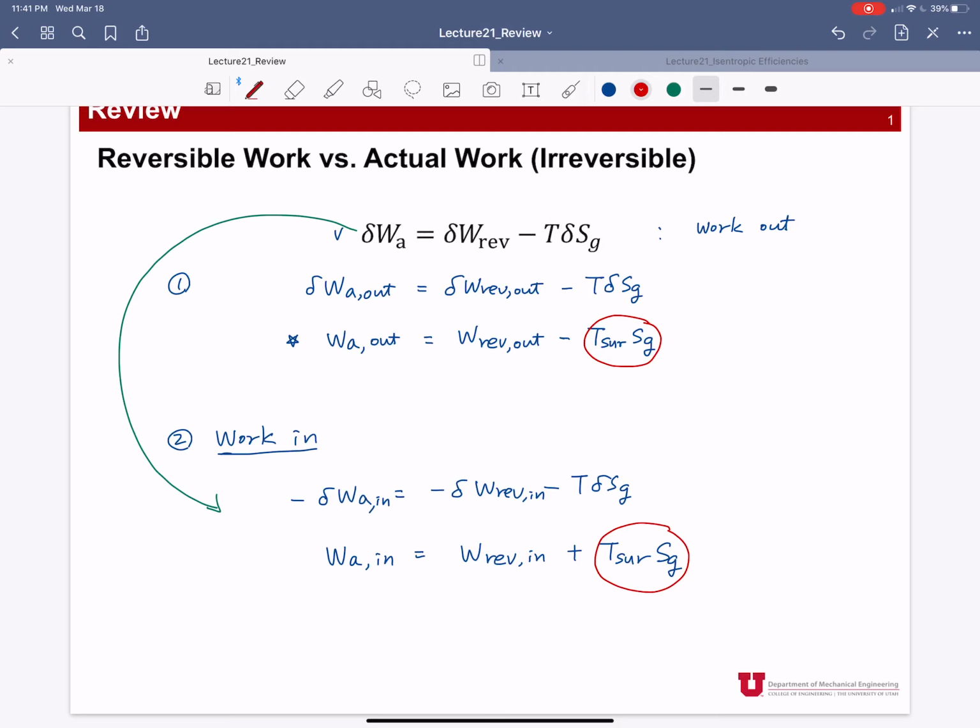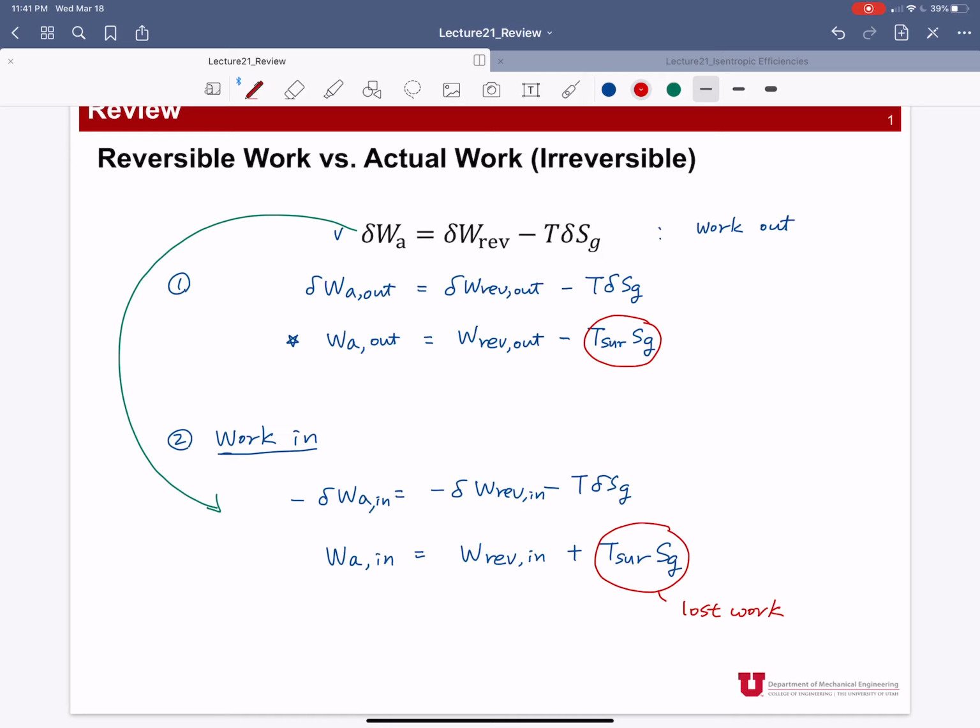Many times when you focus on work, this T surroundings times entropy generation is called lost work, and I'm going to use this term as well.